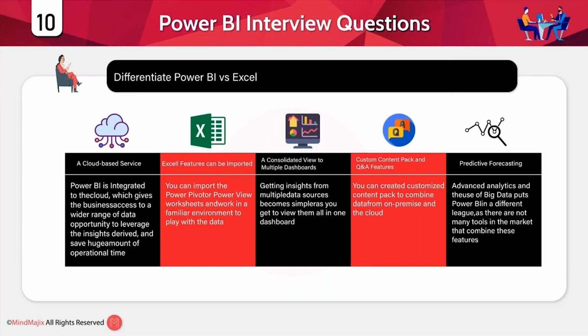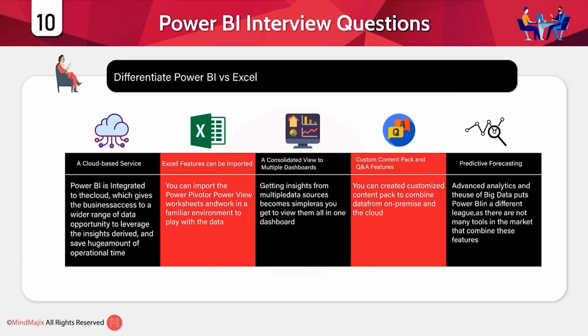The third one is the feature of Q&A, asking a question and getting the answer, which is definitely not available in Excel, and doing some predictive analytics. We all know that Power BI can now be collaborated with Python, R, and everything which an AI tool is using.